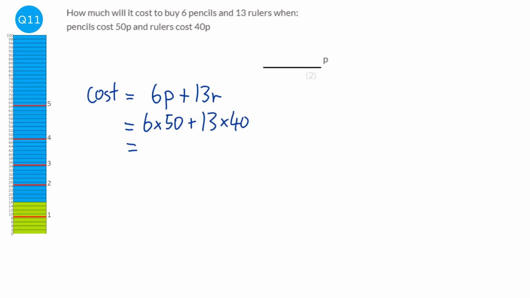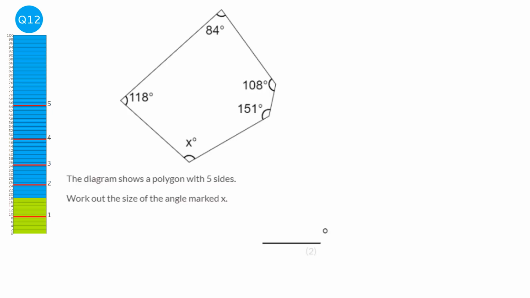So 6 times 50 is 300, 13 times 40 is 520. Add those together and you get 820. So that's £8.20, but it implies that the answer should be in pence, so it's 820 pence.